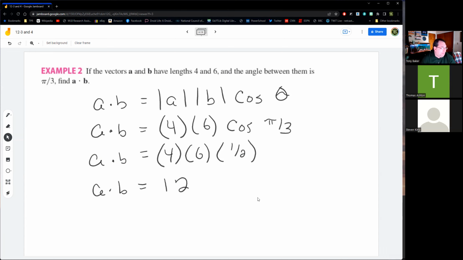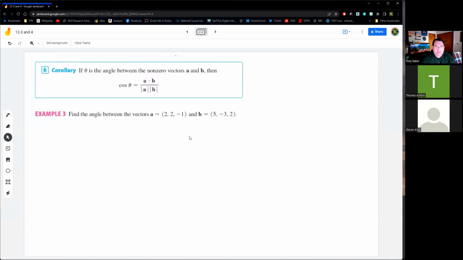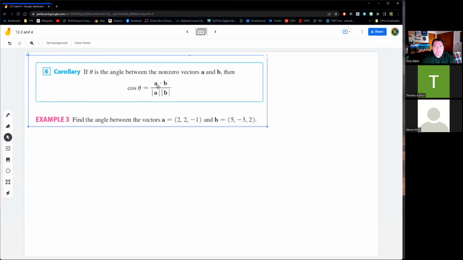The next example that we're going to do is actually going to be the more useful case of the dot product. And that's finding the angle between 2 vectors. All right, so if we modify that equation a little bit, remember, I have the dot product equals the length of A times the length of B times the cosine of theta.